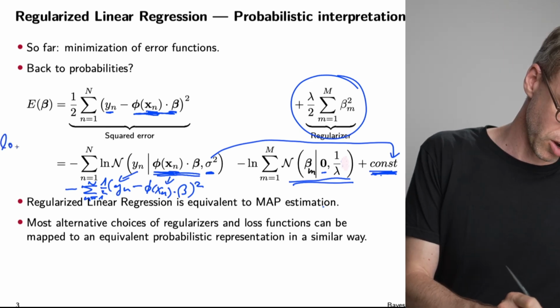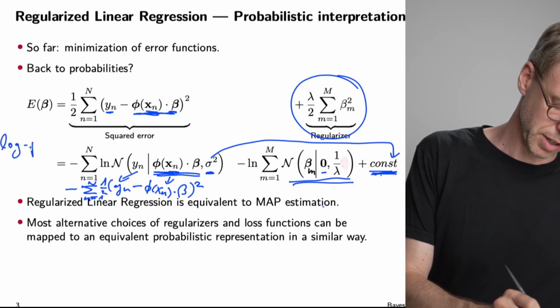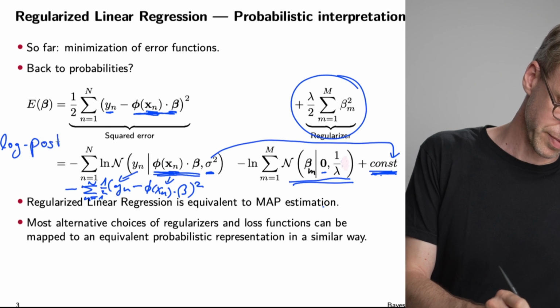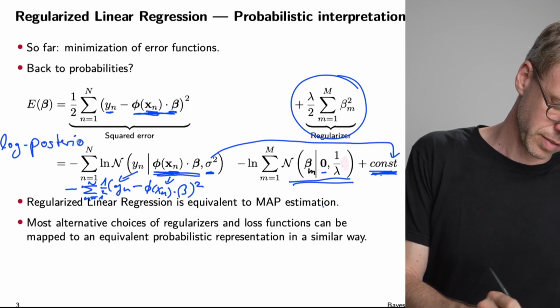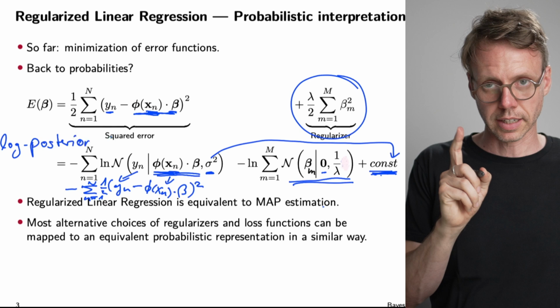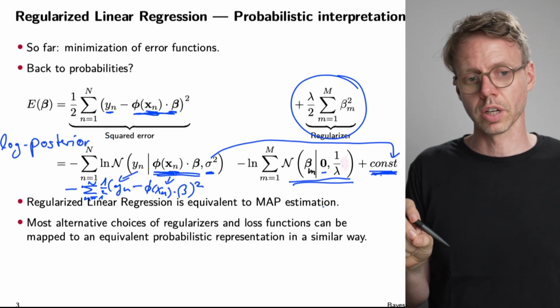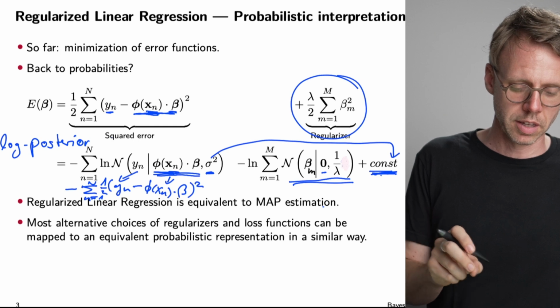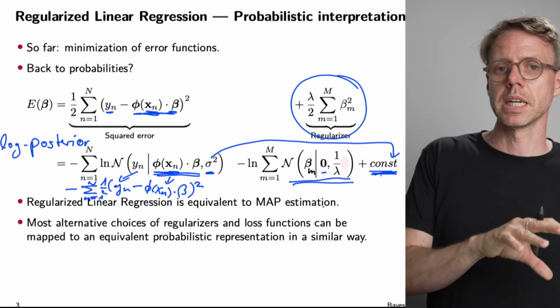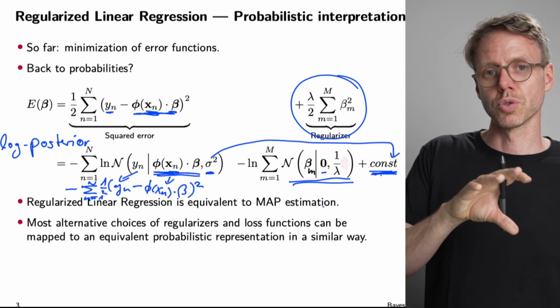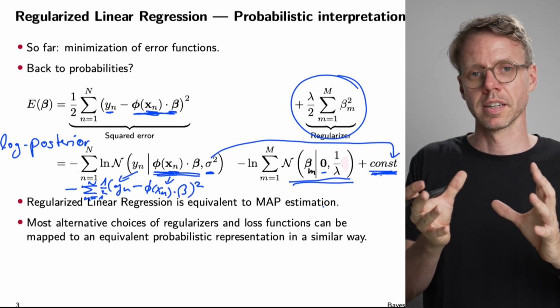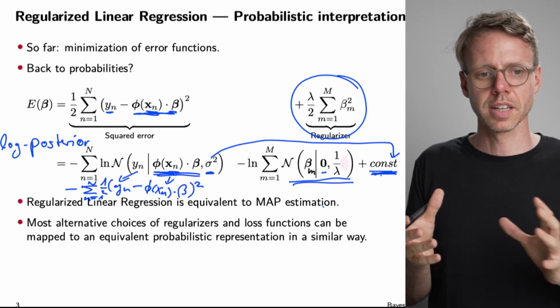So this is the log posterior distribution. In fact, it's actually a negative log posterior, which is then minimized. So this is equivalent to maximizing the positive log posterior.